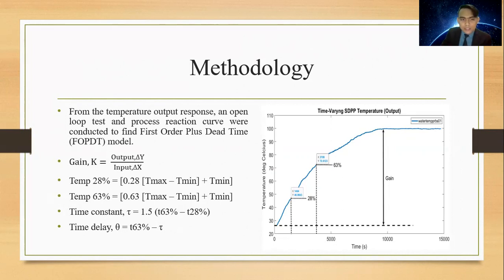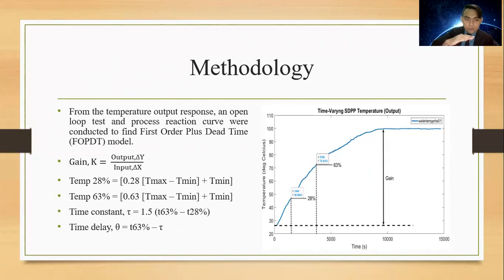After we find the value of temperature at 28% and 63%, we need to locate it based on the temperature output response to find the value of time at 28% and 63% respectively.